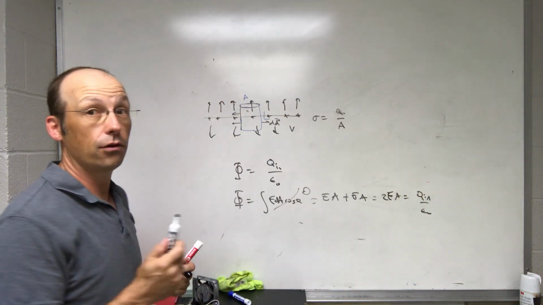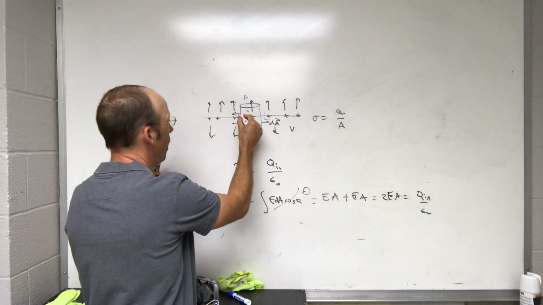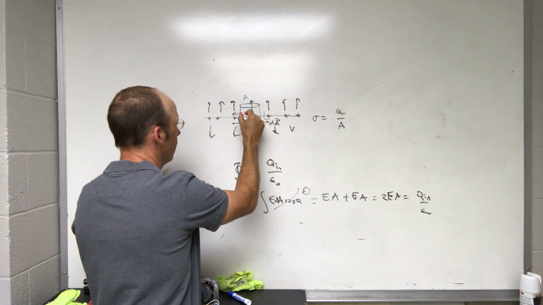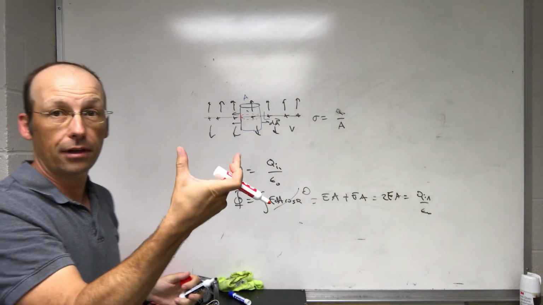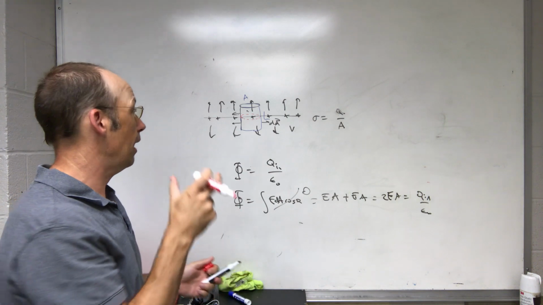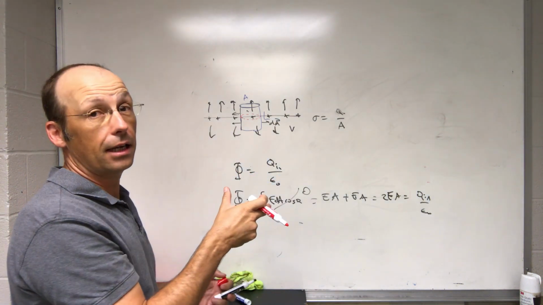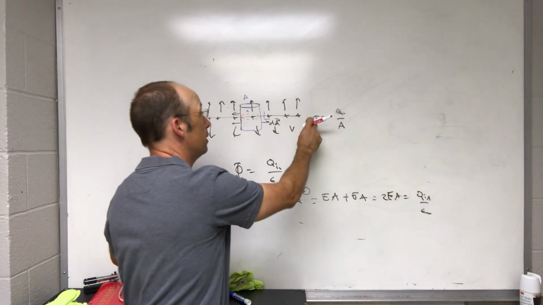Now, all I need to do is find Q_in. But look right here. If this pillbox cuts the surface, it has a little section of area A. I don't even care what the radius is. That area is A. And I can use that to calculate the charge there because I know the charge density.